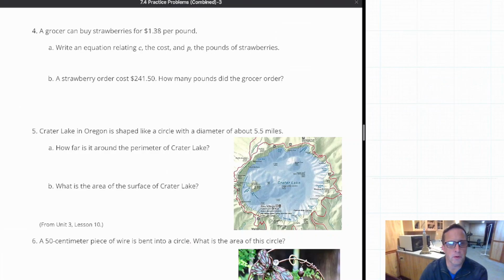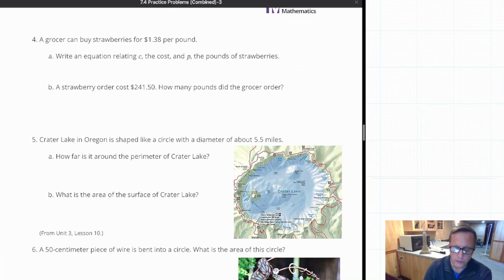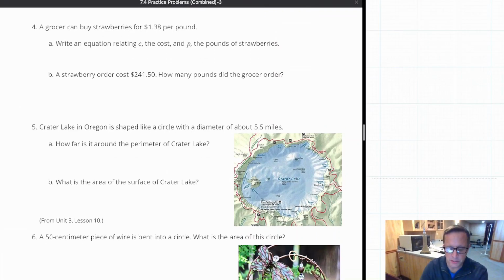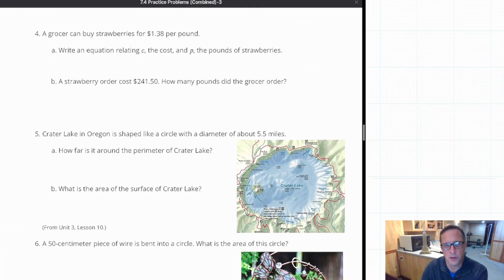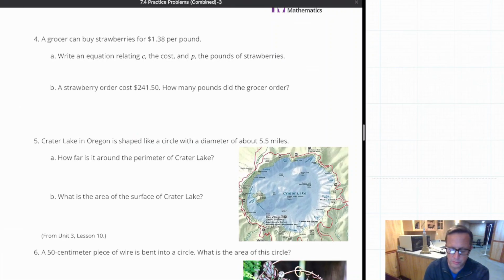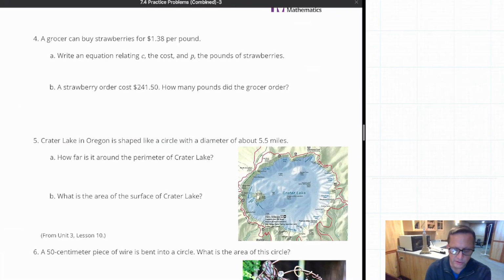All right, for number 4, a grocer can buy strawberries for $1.38 a pound. So write an equation where C is the cost and P is pounds of strawberries. Okay, so this equation is going to look very much like the other one. Now, I know a lot of you sometimes struggle with this, but it doesn't hurt to just write it both ways.